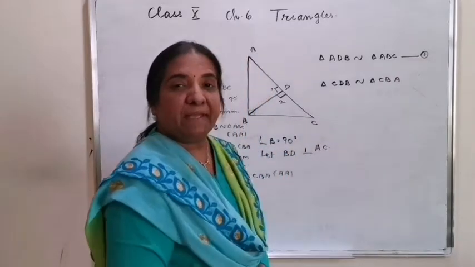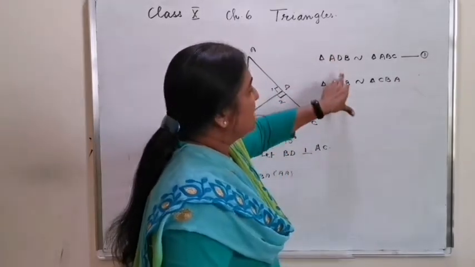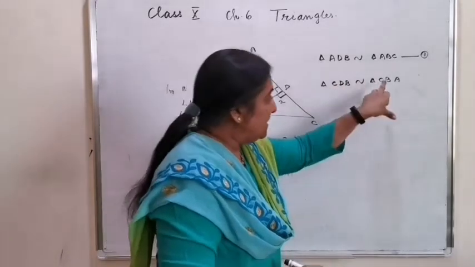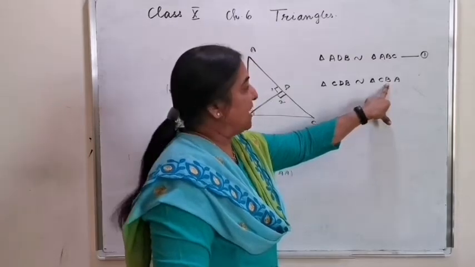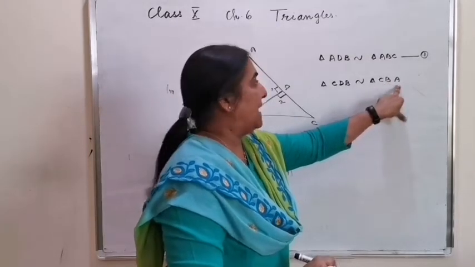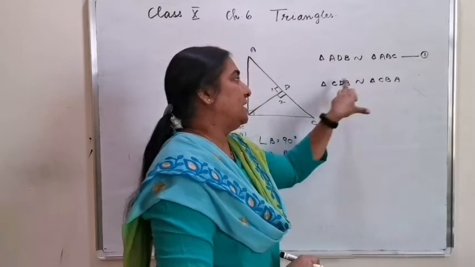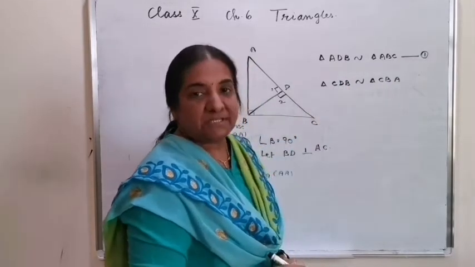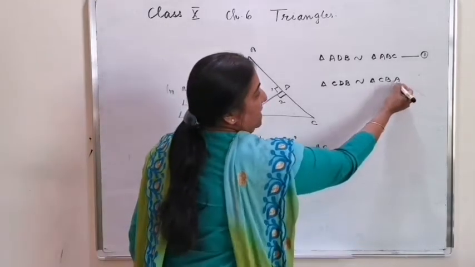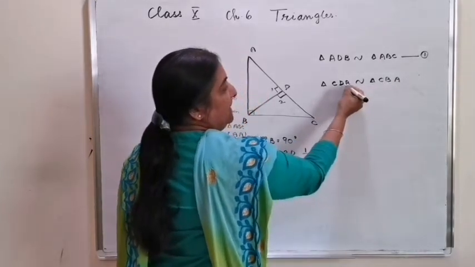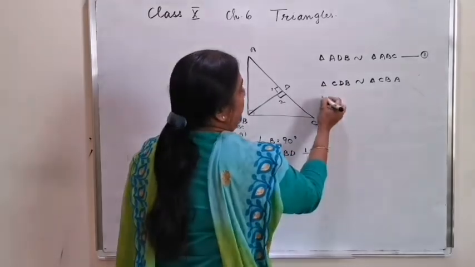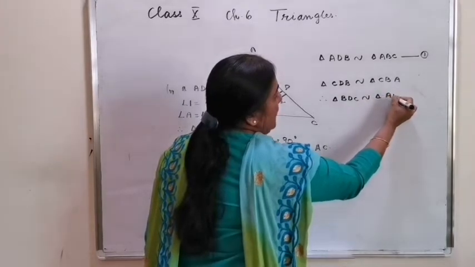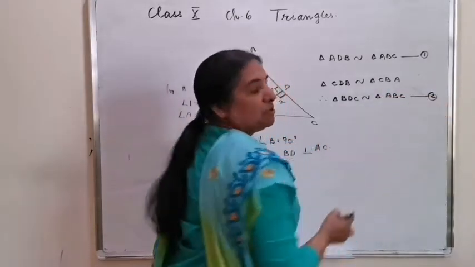In order to compare the similarity of these two triangles and to position the angles properly, we need to arrange this triangle CBA also as ABC. At the same time, the corresponding triangle CDB also should be changed. That is, ABC is the order, BDC is the order. Therefore, triangle BDC is similar to triangle ABC, equation number 2.